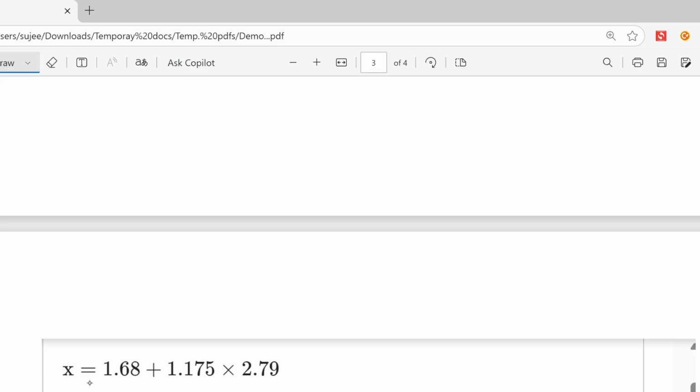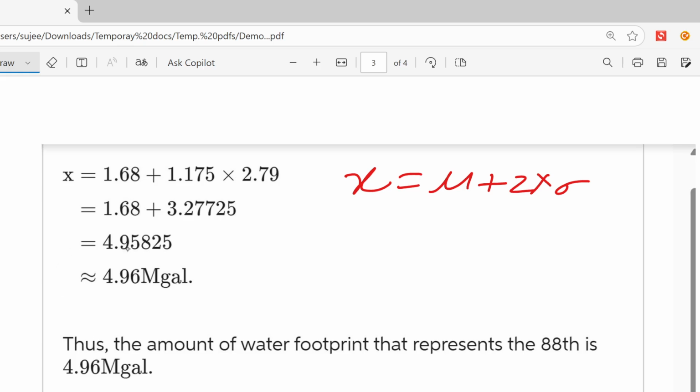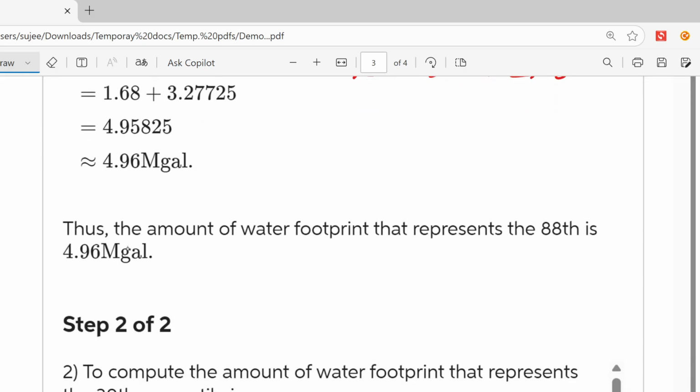Using x equal to mu plus z into sigma, we plug in the values of mu, sigma and z, and finally we get 4.96 megagallon. Thus the water footprint that represents the 88th percentile is 4.96 megagallon.